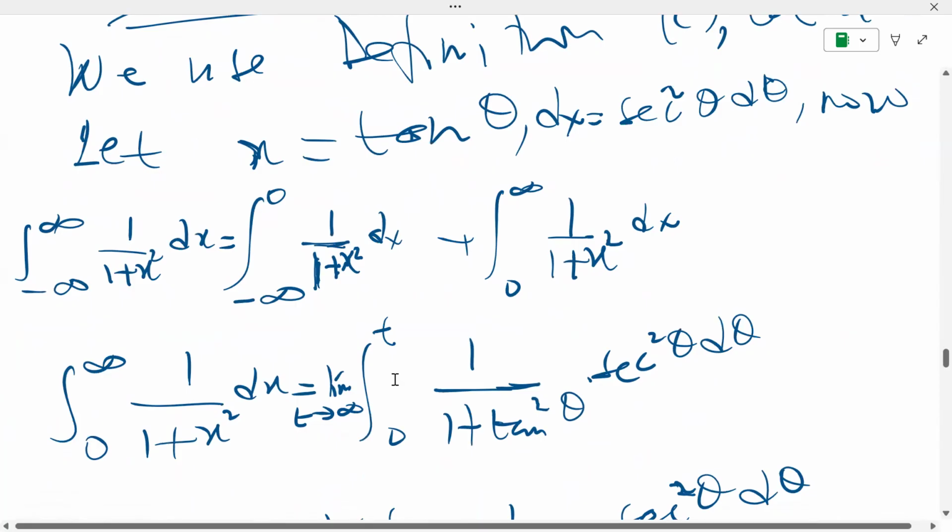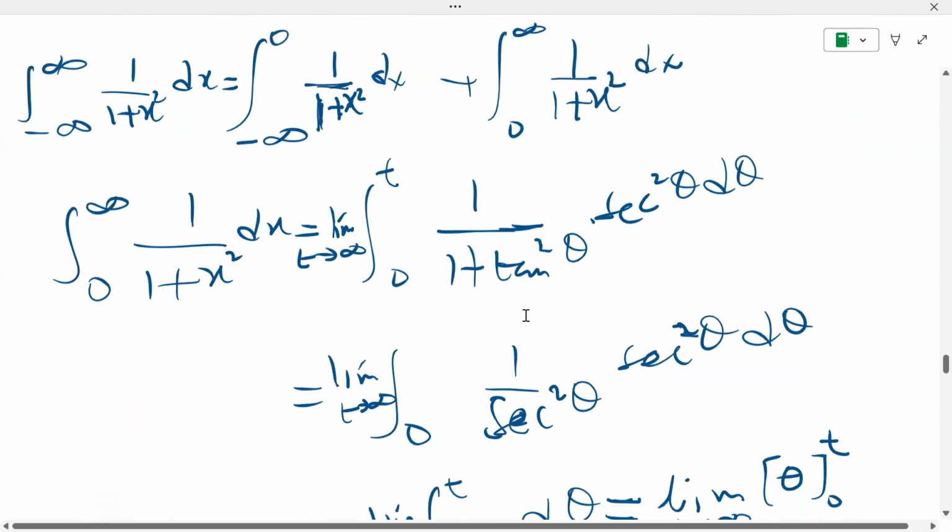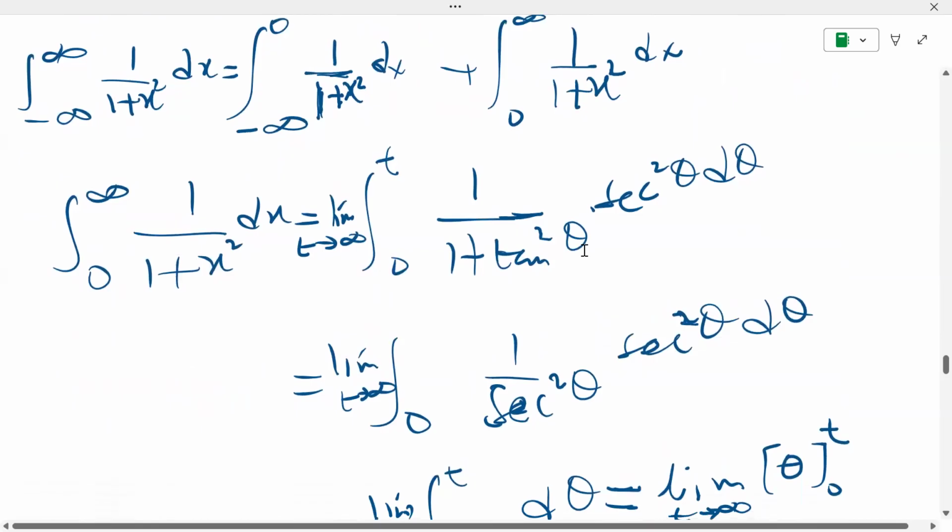Now, we are going to do the substitution. So in place of our x, we put our tan theta. So we shall get tan squared theta. And then our dx over here is sec squared theta d theta, so we put it there. Now, let's remember that 1 plus tan squared theta is sec squared theta. That is the identity. So we do that substitution.